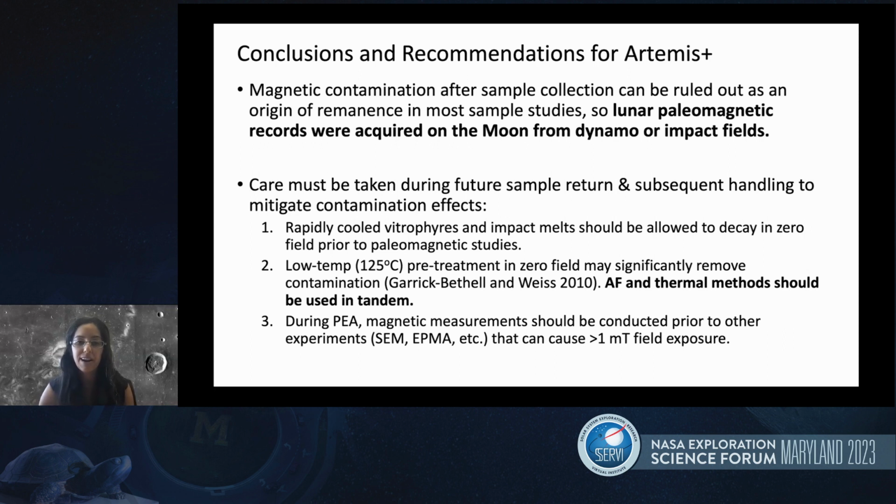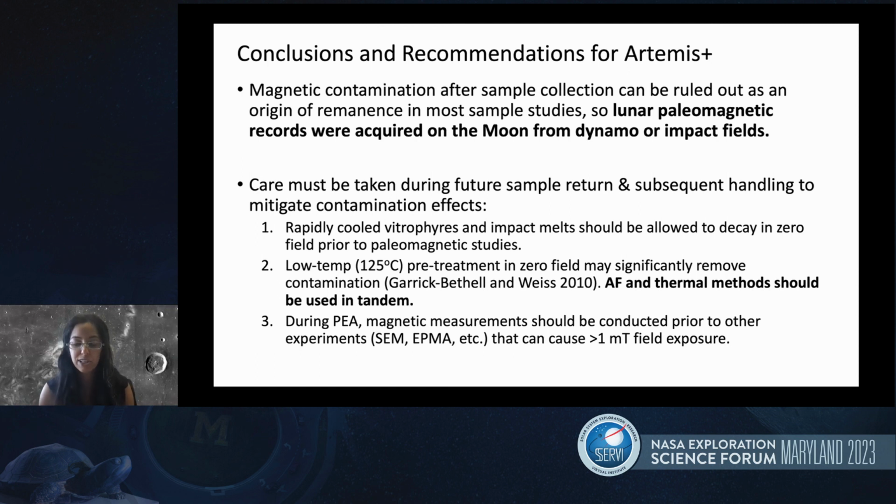We do need to take care during future sample return missions and subsequent handling to mitigate magnetic contamination. We recommend that rapidly cooled vitrified rocks and impact melt rocks that are more susceptible to viscous contamination should be allowed to decay in a zero field for a long time prior to paleomag studies.